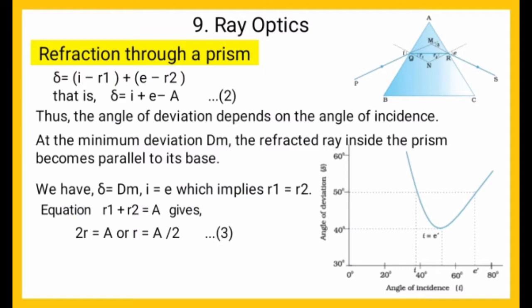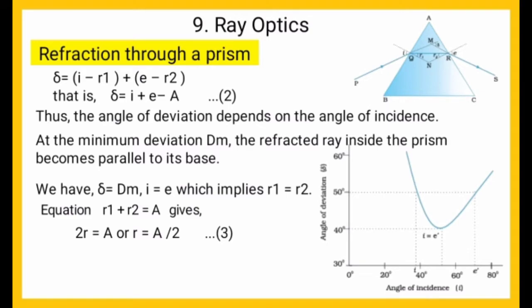At the minimum deviation delta m, the refracted ray inside the prism becomes parallel to its base. So, we have delta is equal to delta m and i is equal to e, which implies r1 is equal to r2. The equation r1 plus r2 is equal to A gives 2r is equal to A, or r is equal to A by 2.